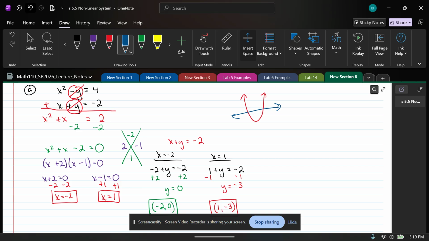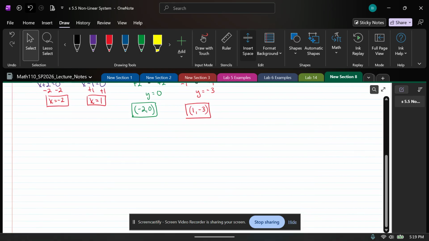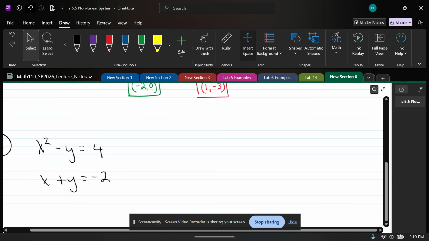Now, let's take that same system and I'm going to show you a way to use the calculator to help you solve it. Okay? Same system, same example, but I'm going to use the calculator. So I have x squared minus y is equal to 4. x plus y equals negative 2. Same equation set.